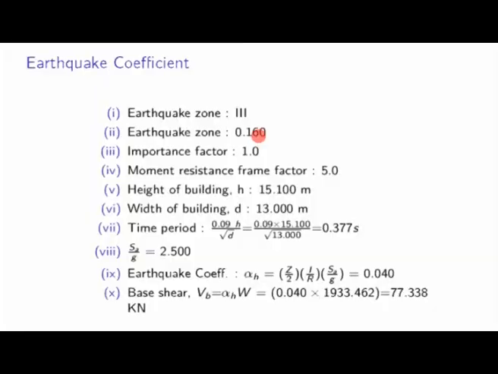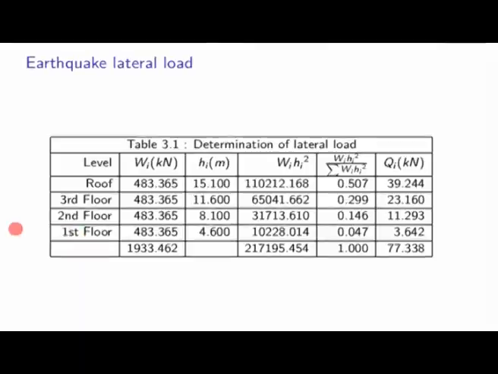So for zone 3 it's 15 meter D. Then I am getting here 0.377 for that. We are getting here 2.5, earthquake coefficient 0.04, VB equal to 77.338 kilonewton. And if you make it here, then by level I can find out the roof, third floor, second floor, first floor, and I am getting this value.